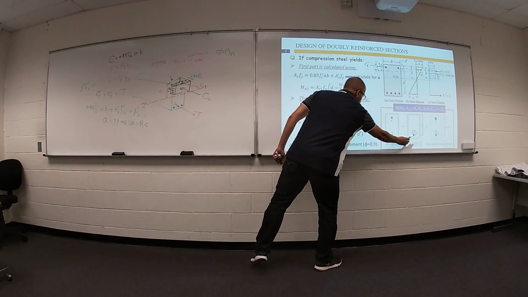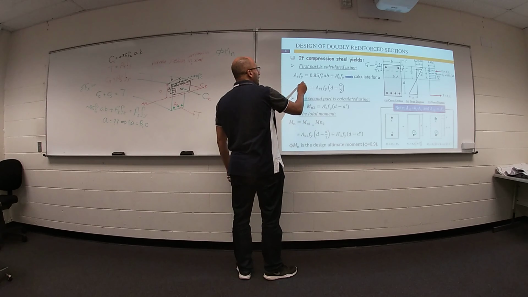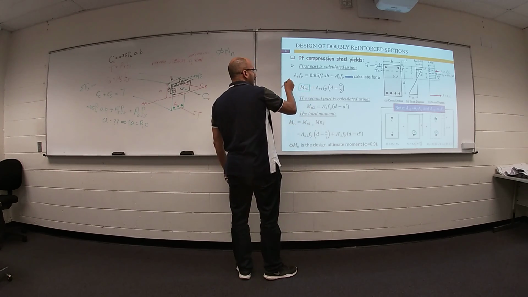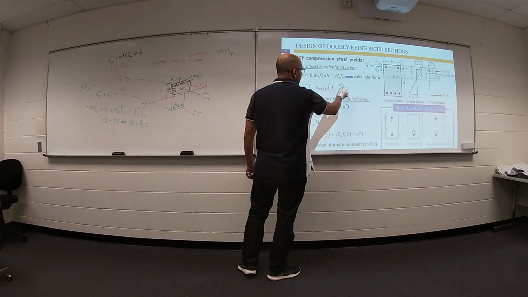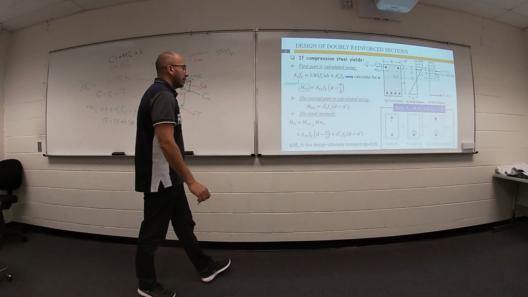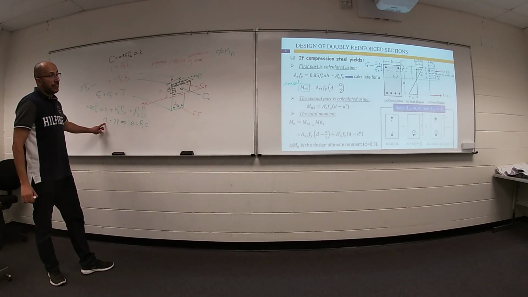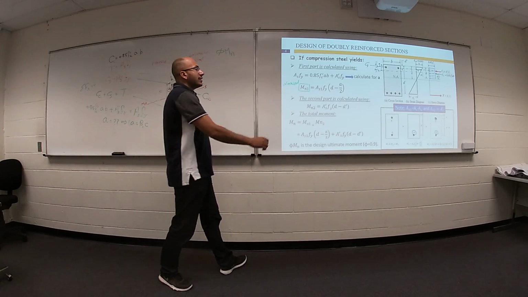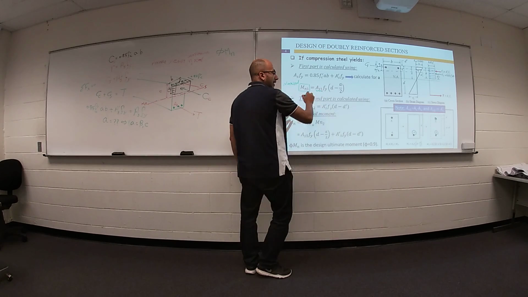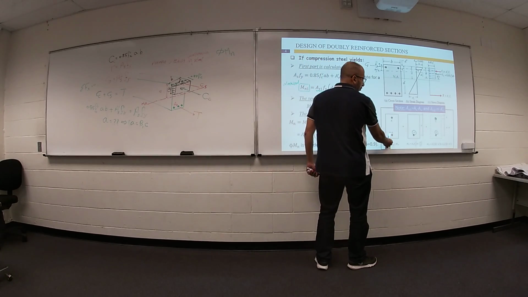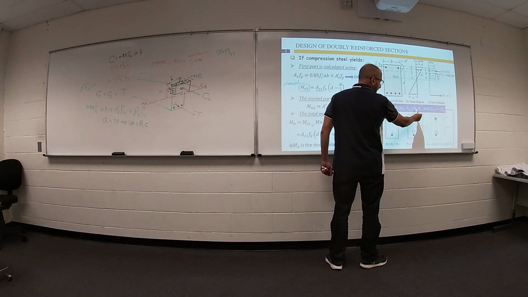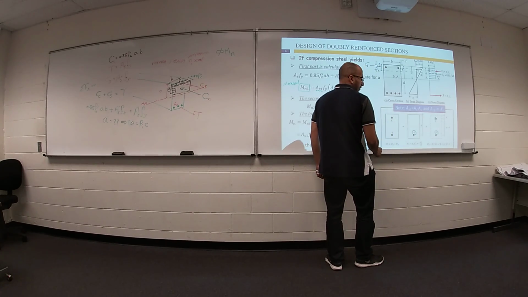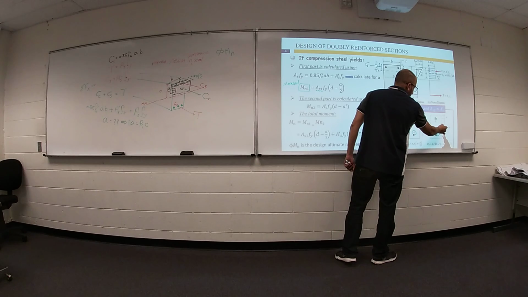First part, your nominal moment of resistance equals area steel 1 times fy times (d minus a over 2). You got a. What is the value of area steel 1? Area steel 1 is a part of area steel. Area steel 1 equals total area steel minus area steel prime, because this one must equal this one.